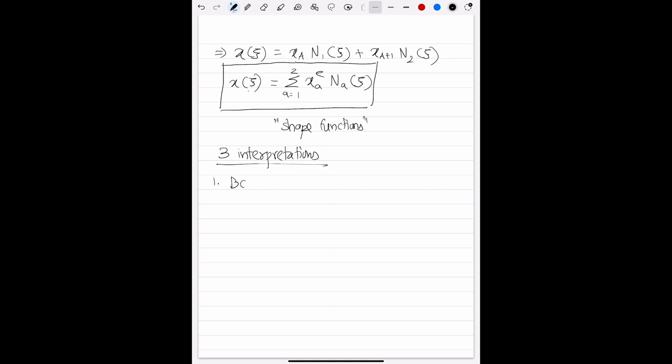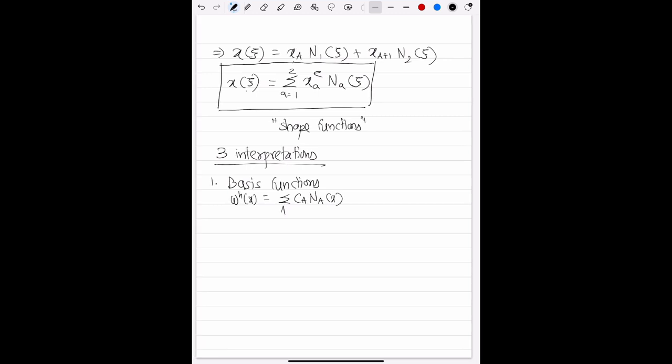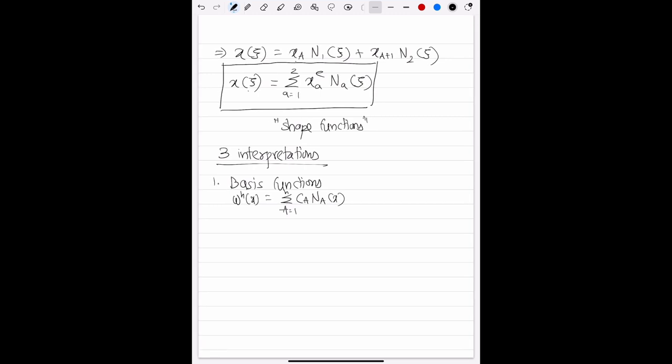Firstly, these functions are basis functions. And so if you recall, the test function w of h can be written as a linear combination of these basis functions. And similarly, the solution uh of x can also be written as a linear combination of these same basis functions.